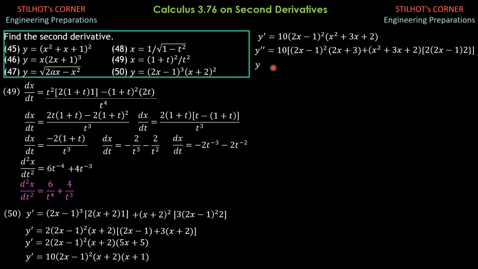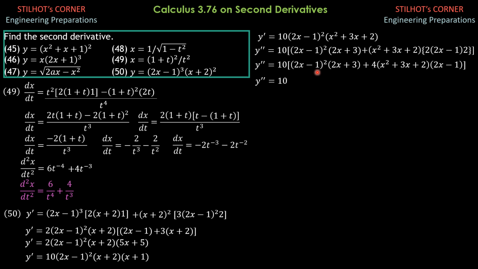So y double prime is 10 quantity 2x minus 1 squared 2x plus 3, then 4 times x squared plus 3x plus 2, then 2x minus 1. So 4 is 2 times 2. Then common to these inside terms is only 2x minus 1.